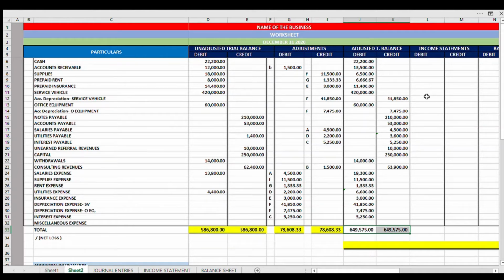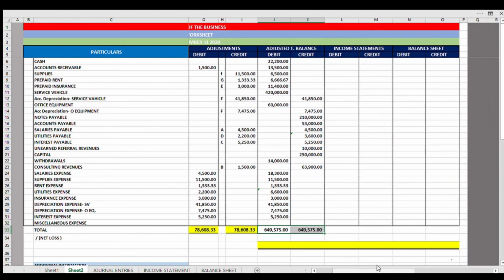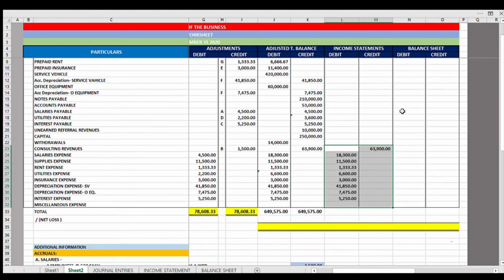Okay, so we will now go to the income statements. Okay, so let us just identify, so all we have to do is just to extend all the income statement accounts. Okay, let's do this. Extend natin ang mga income statement accounts.